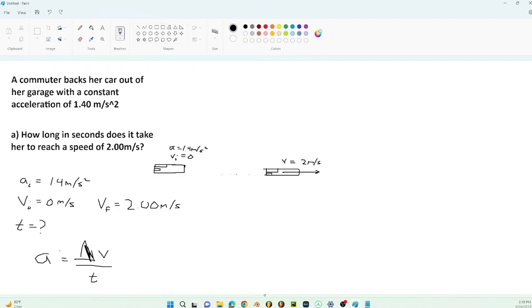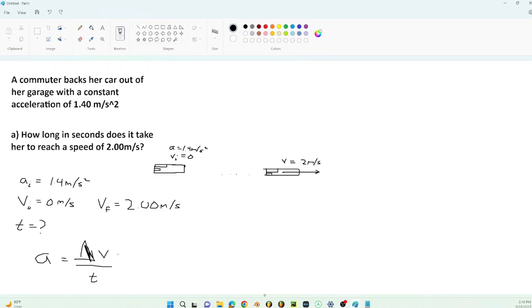And this only works when your acceleration is constant. So, assuming that acceleration is constant, or assuming that you've calculated the average acceleration, then you can use this formula right here.